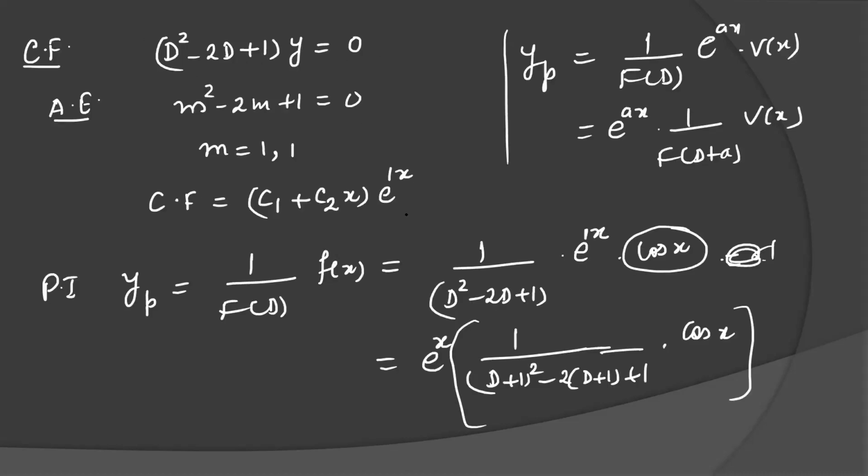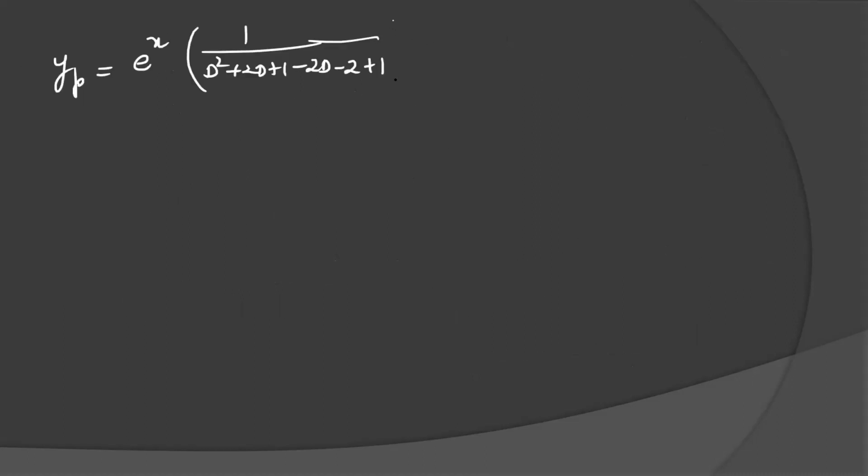So the particular integral will be e to the power x into 1 over D squared plus 2D plus 1 minus 2D minus 2 plus 1, into cos x. See the calculation: you can see that these terms cancel out. So it is e to the power x into 1 over D squared into cos x.